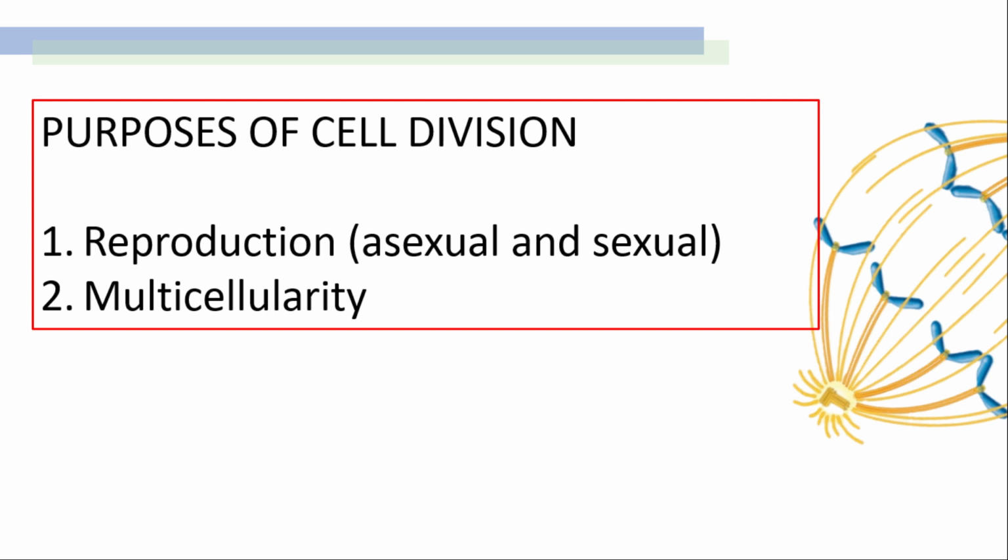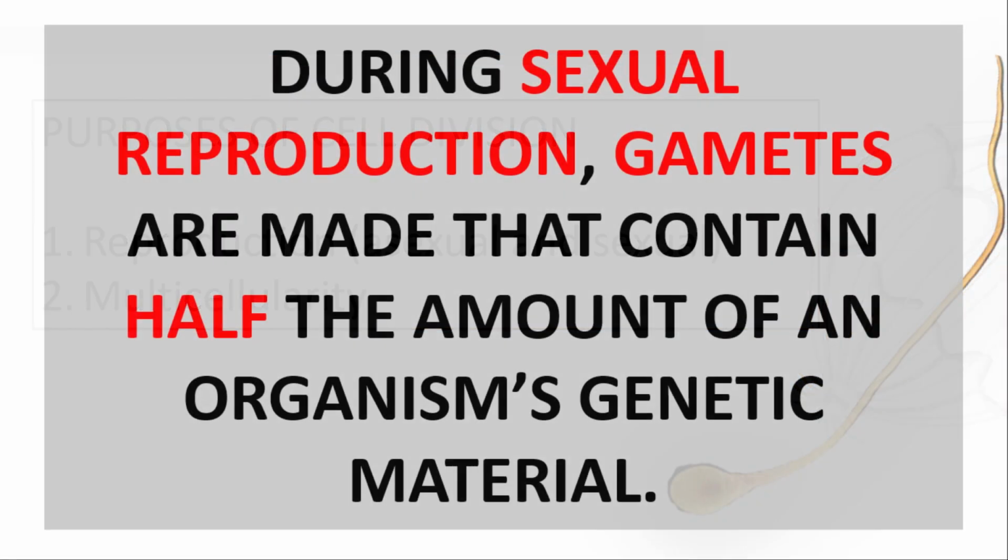But what is more relevant to our discussion now is the reproduction by sexual means, because this involves meiosis, not mitosis. During sexual reproduction, gametes are made that contain half the amount of an organism's genetic material. For example, for humans, the diploid number is 46.